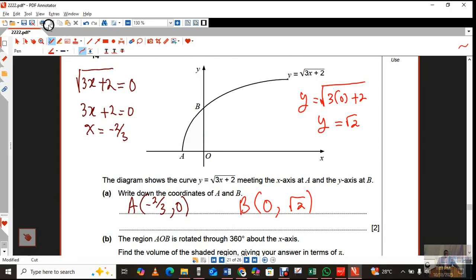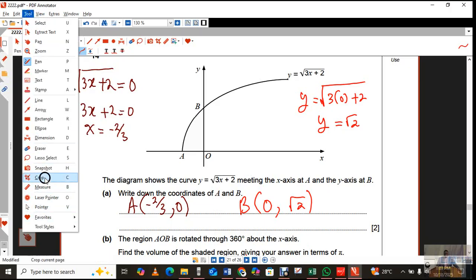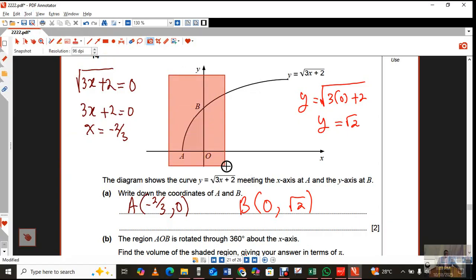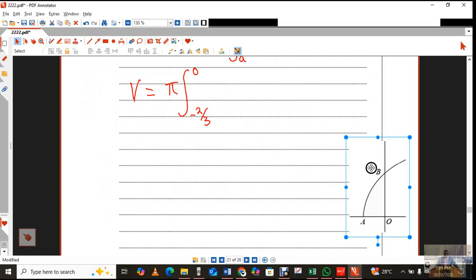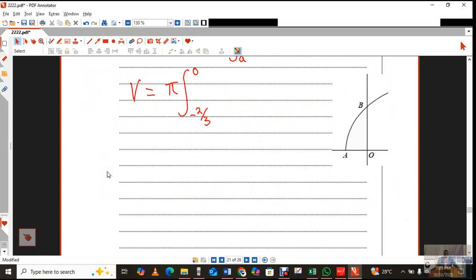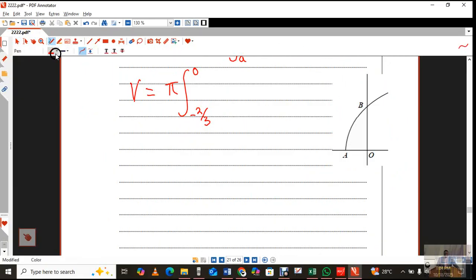So just to emphasize, just take a snapshot of this little part. So what it actually means is that if you were now considering this function, we are going to rotate this whole thing. Can you see it becomes like a ball?